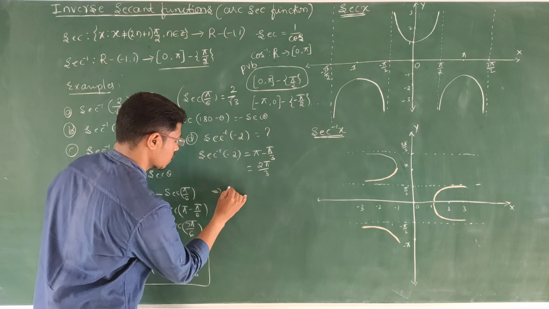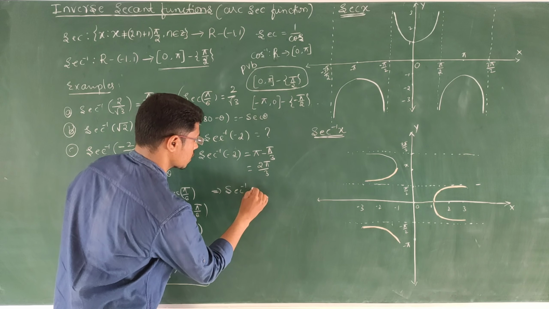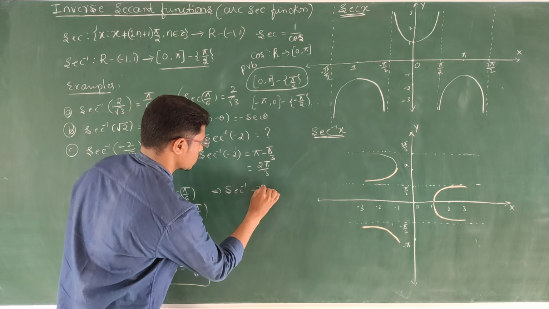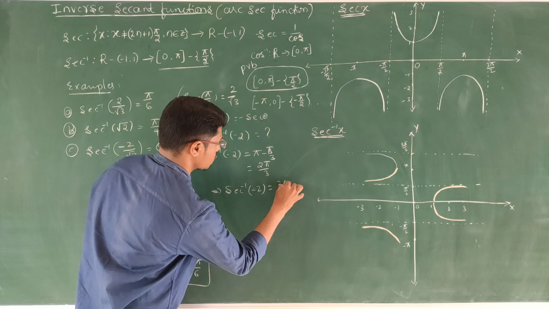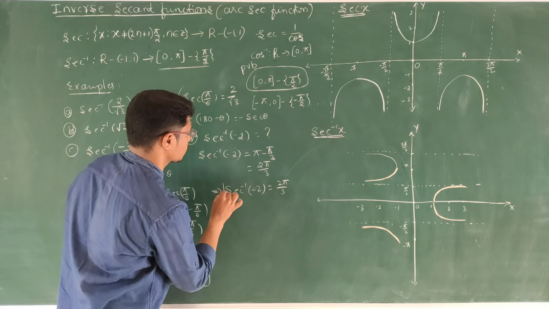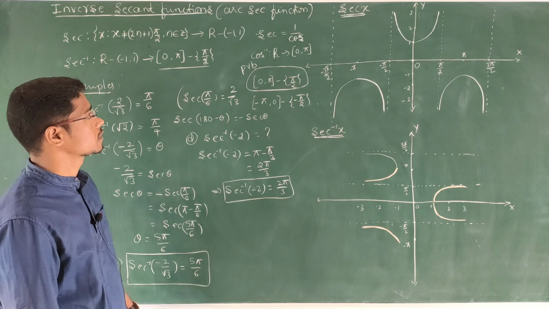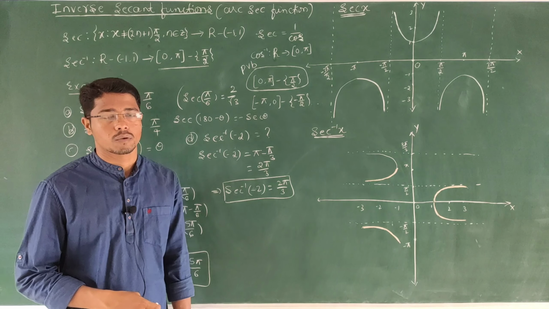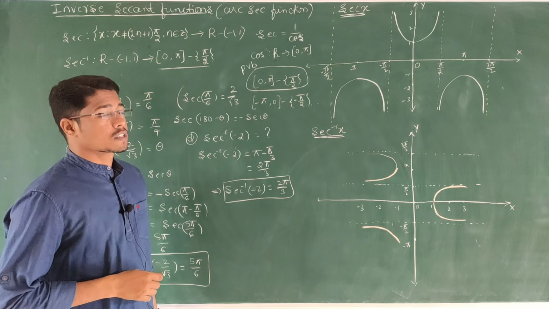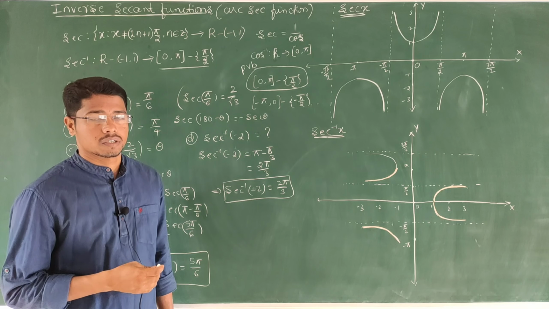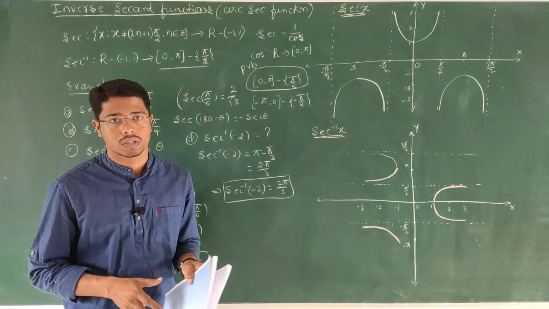Therefore sec inverse of minus 2 is equal to 2 pi divided by 3. Okay, dear students, so this is about the inverse secant function, or arc sec function as we may call it.